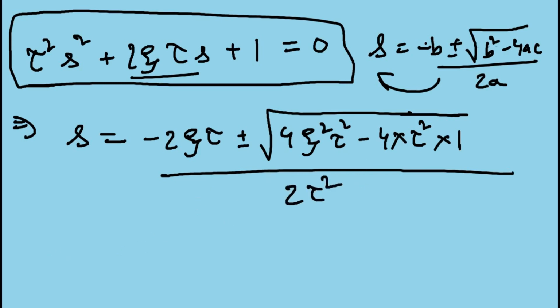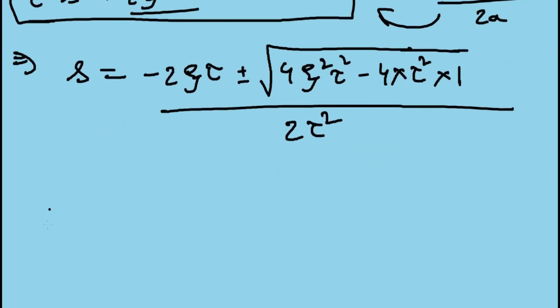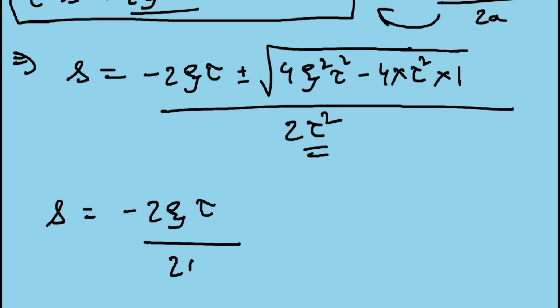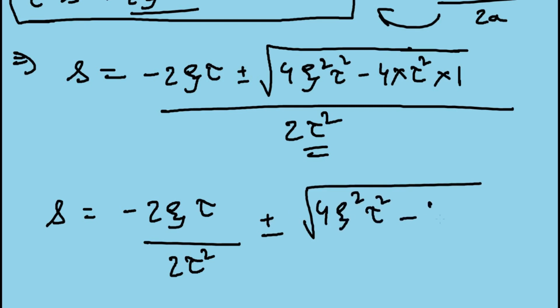Now we can simplify this. So s equals minus 2 zeta tau divided by 2 tau square, and on the other side plus minus root of 4 zeta square tau square minus 4 tau square, divided by 2 tau square.